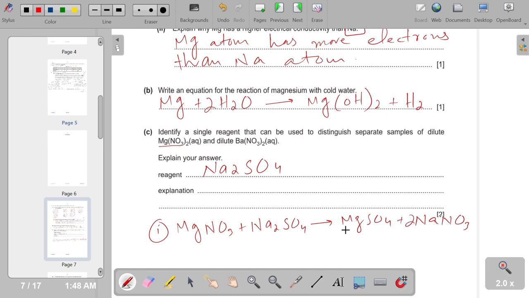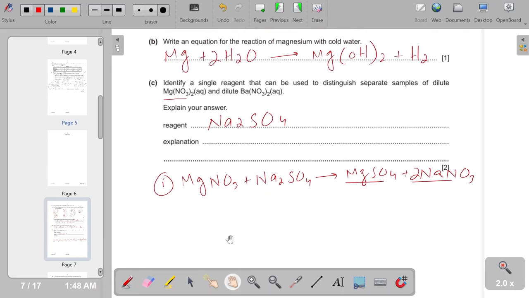You can see it is a soluble salt. Magnesium sulfate and sodium nitrate are both water soluble salts.